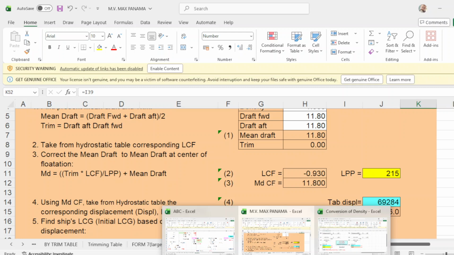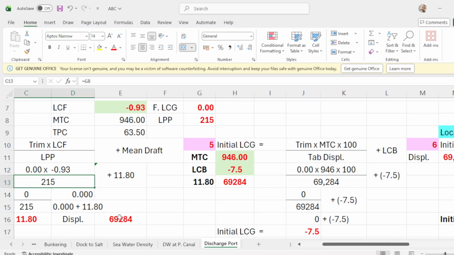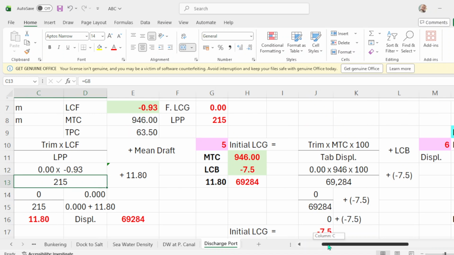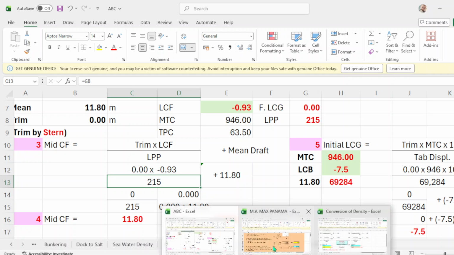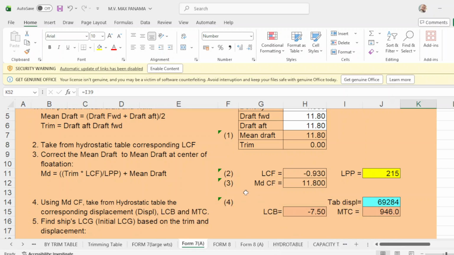I got here 11.80. Sorry, that is number 3.